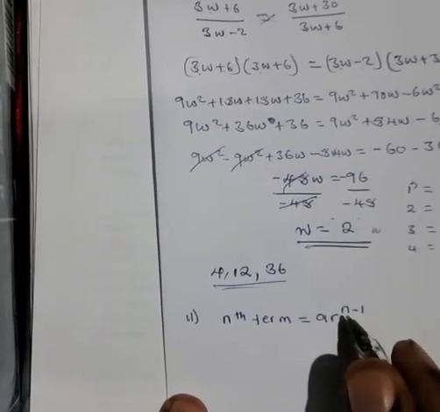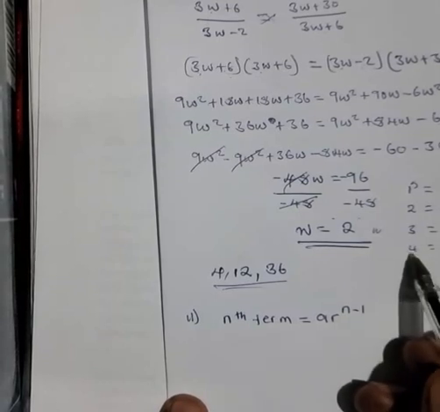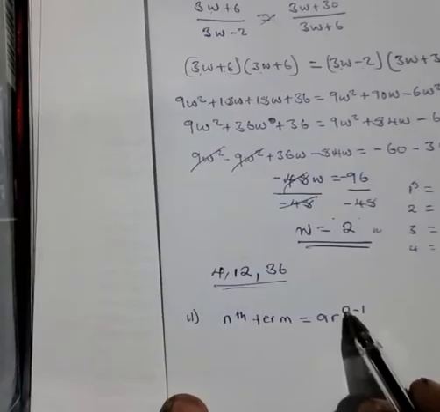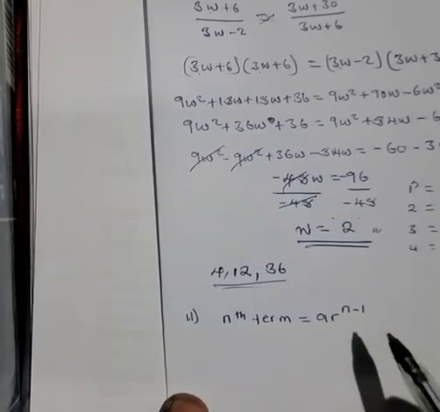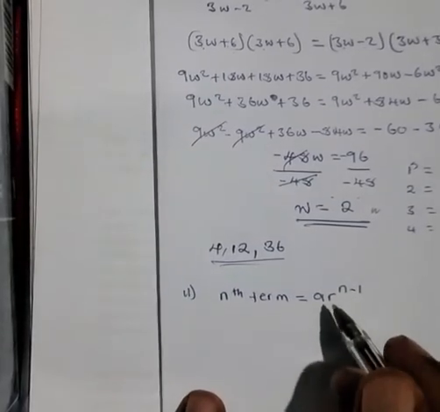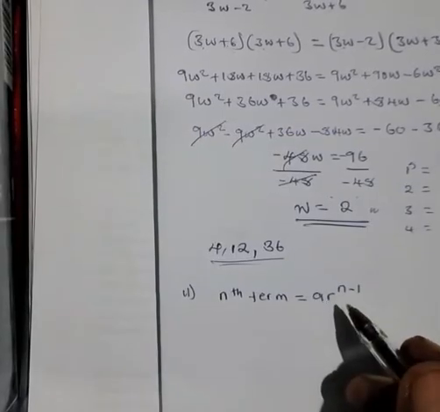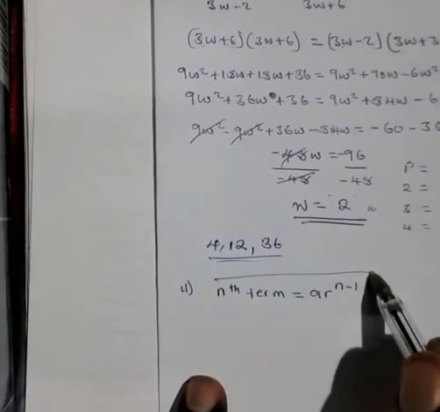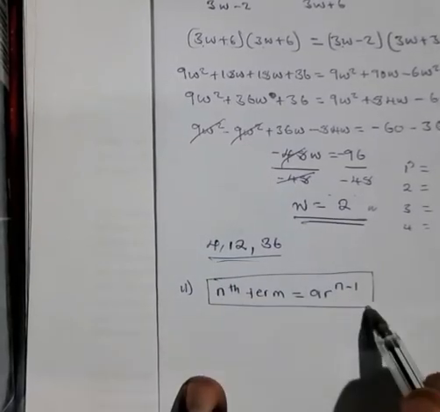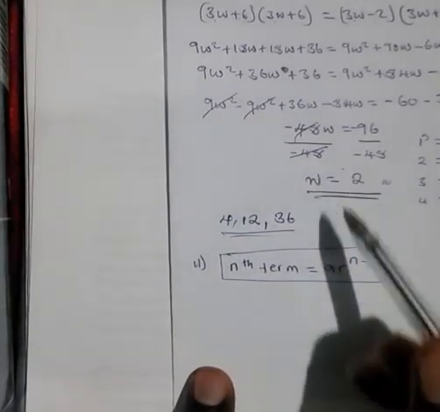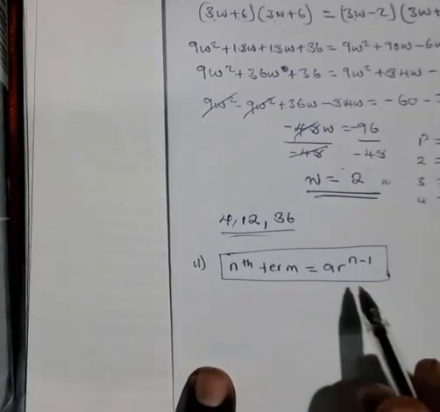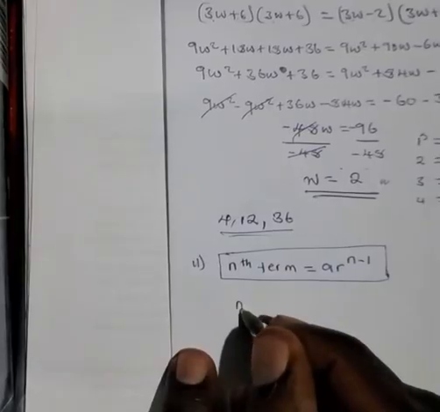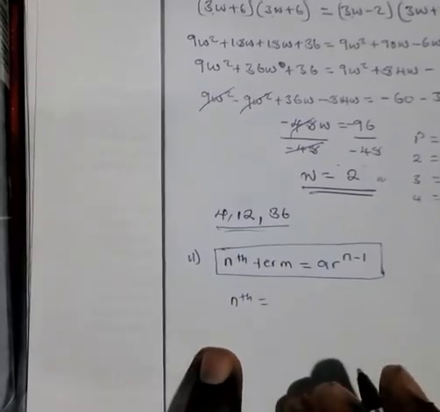We don't know what this n is, but if this n is 6, it means the power here will be 5. So that means that it will reduce by 1. So this is actually the formula for the nth term. So let us go ahead and plug in the values that we have, where a is the first term, r is the common ratio.